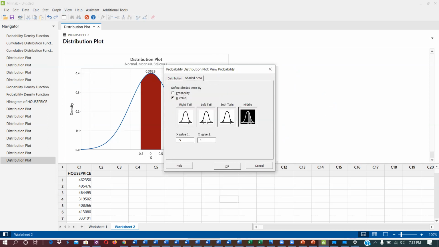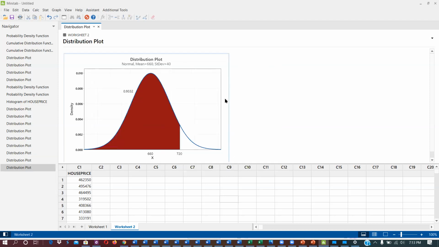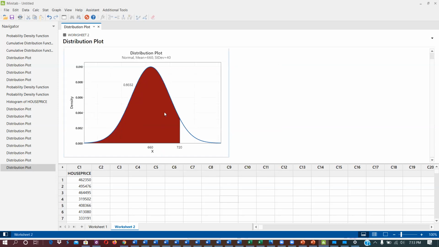I need this area, because on this side I can see my score, 720. In what percentile am I? I'm in about the 93 percentile range, because 93.32% of students are below this. Is it making sense?